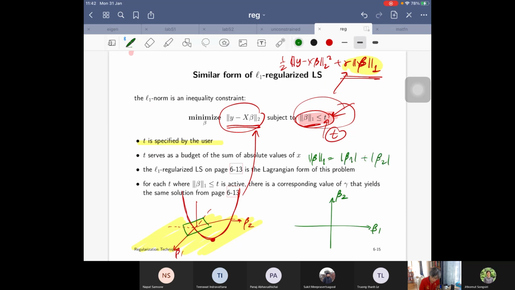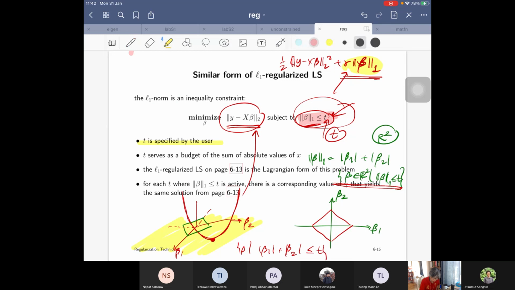So if I have a limitation on the L1 norm, given limited by t, and I plot this region, that region would look like this.